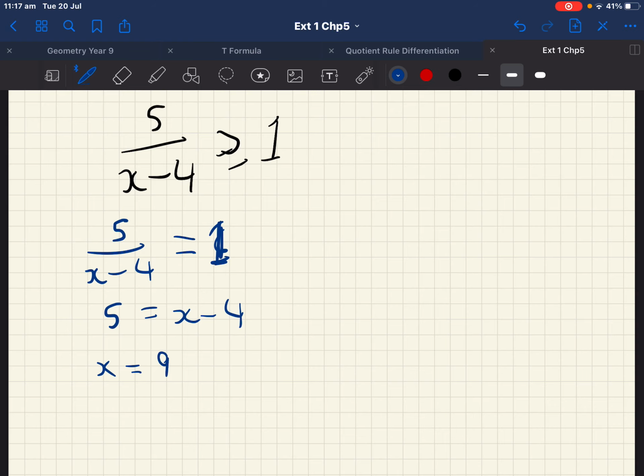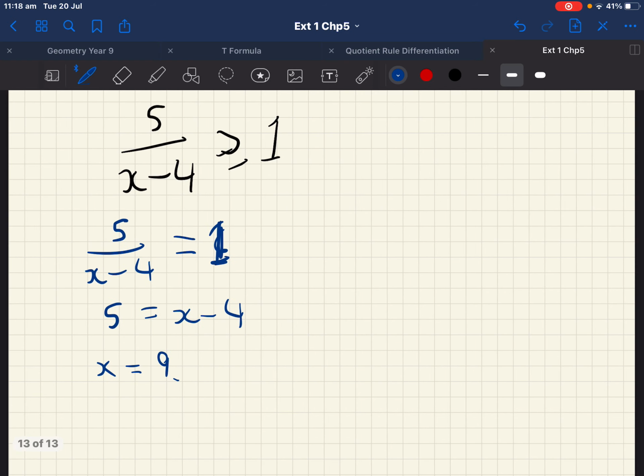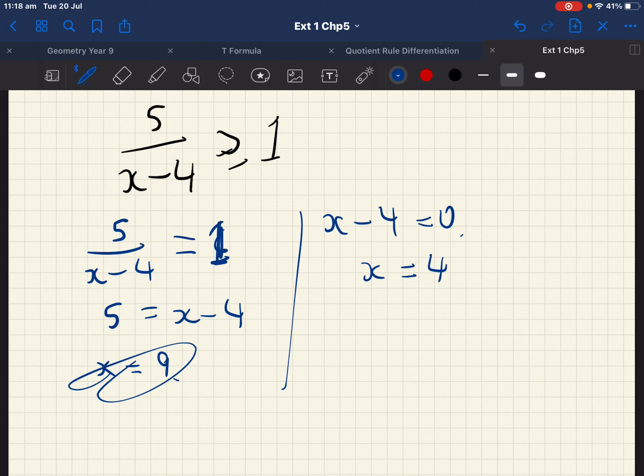You solve the equation, you get x is equal to 9, right? Notice that actually is one of our critical values. But this one had 2 critical values. Where do you get the second critical value? Well, we know that x − 4 is not allowed to equal 0. So solving this separate thing will actually end up giving you your second critical value.